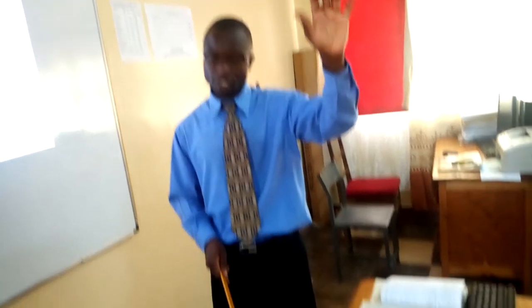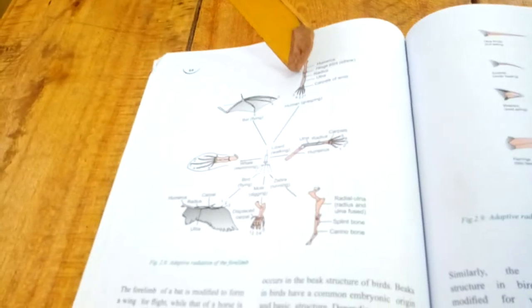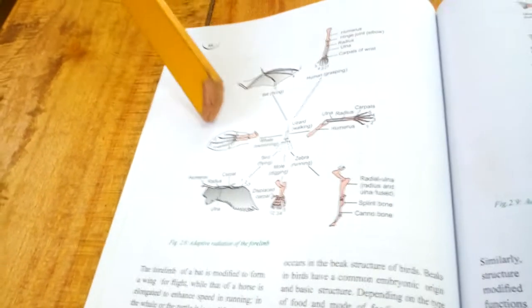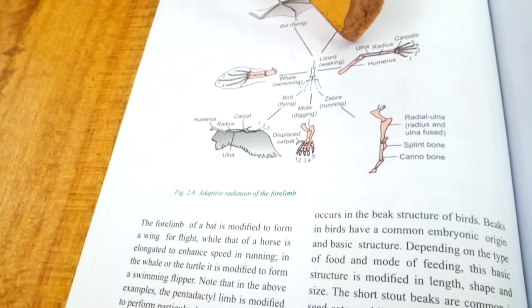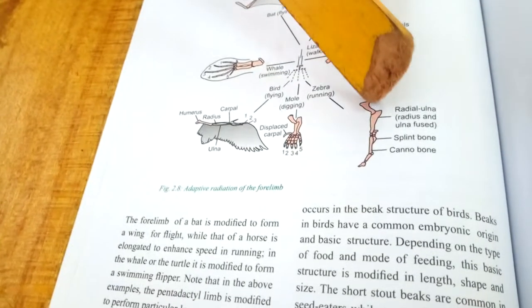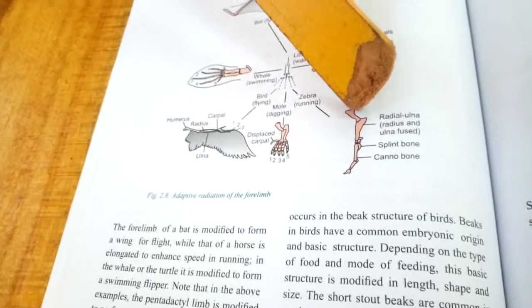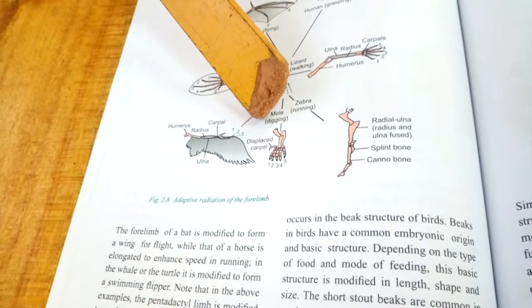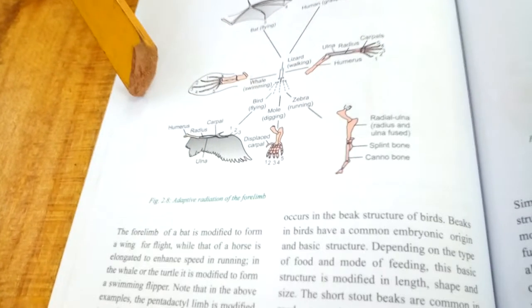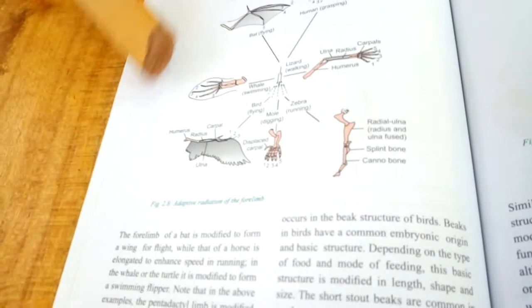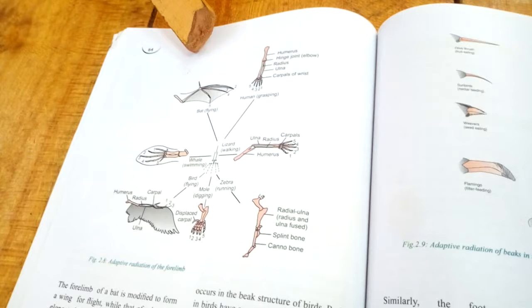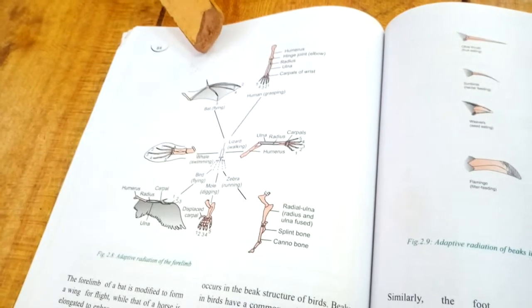We have the bat, we have the human being, we have the whale, we have the lizard, we have the horse, we have the mole, and we have the bird. What are those things that are pointed at? These are structures of the vertebrates. I've been mentioning the vertebrates by name.